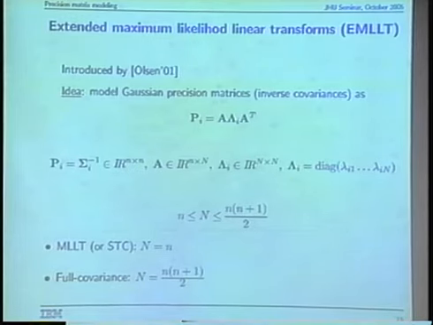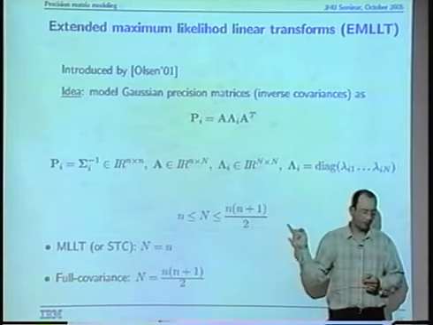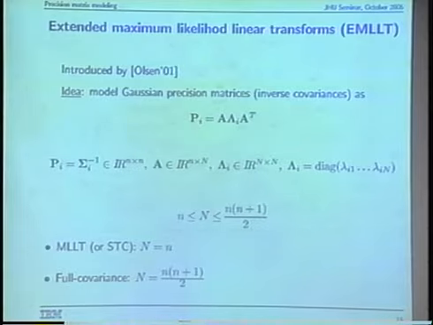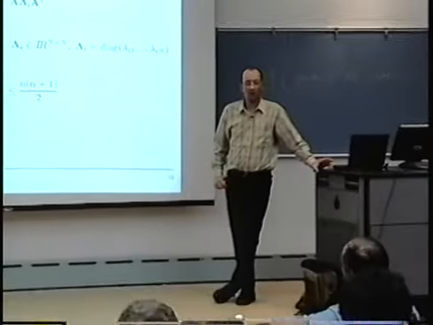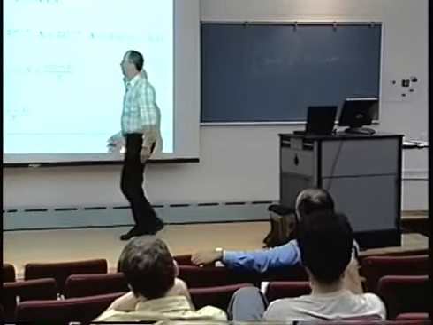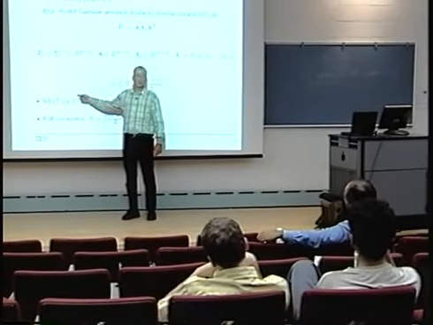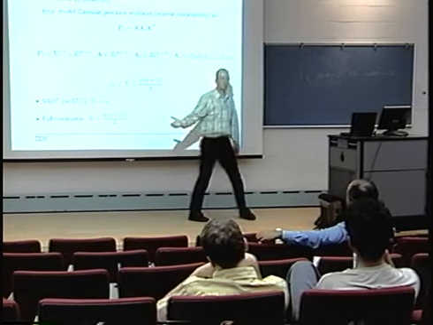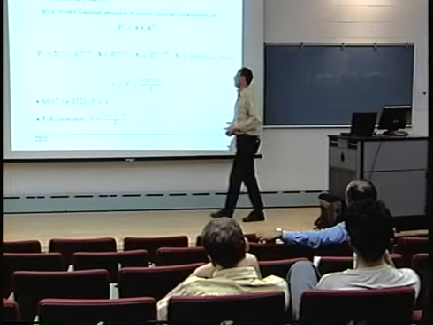The whole genealogy of these transforms is pretty interesting. It started way back with some paper by Shukat Talamazini or something, who actually came up with the first form of STC and HLDA. What I didn't say is that STC and MLLTs are forms of HLDA when you don't project, but use a full rank transformation.